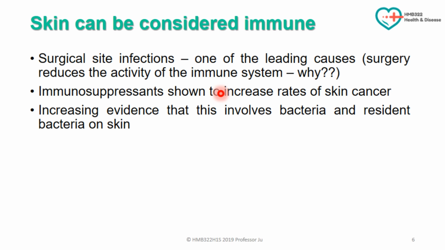We also know, for example, and we'll hear about this from some of our guest speakers after the term test in the second half of the course, that if you are given an immune suppressant, so you have to have a transplant of some sort, so you don't reject the tissue that's being transplanted, you will actually increase the rate of skin cancer. So there is a link, in other words, that I'm trying to make between the immune system that's part of your skin and affecting it, as well as producing things like cancer.